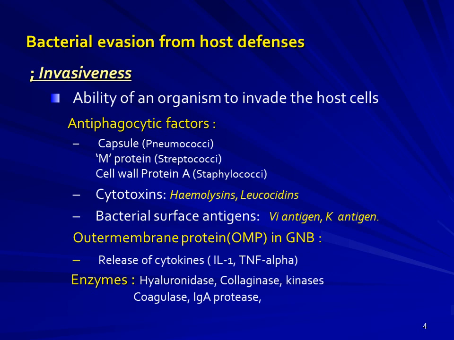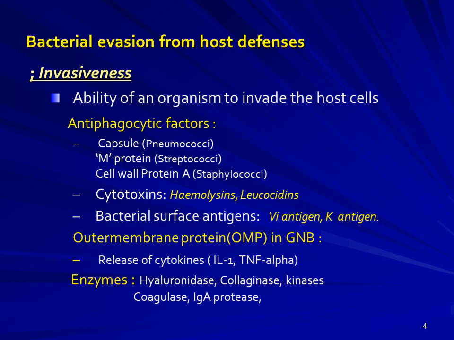The first among them is the capsule, which is present in the pneumococci, M protein, which is present in the streptococcal cell wall, and cell wall protein A, which is present in the staphylococci. All these act as antiphagocytic factors, so they are not destroyed by the phagocytic cells of the host, and they can multiply and invade the host cells.